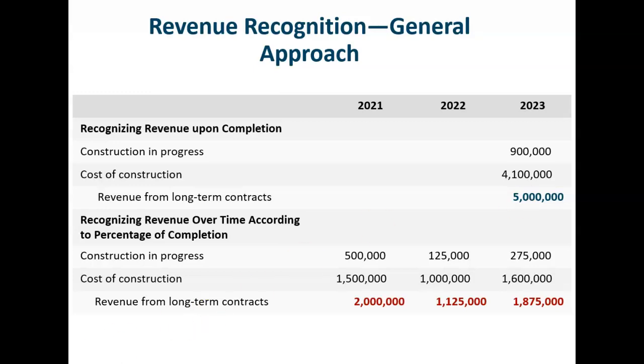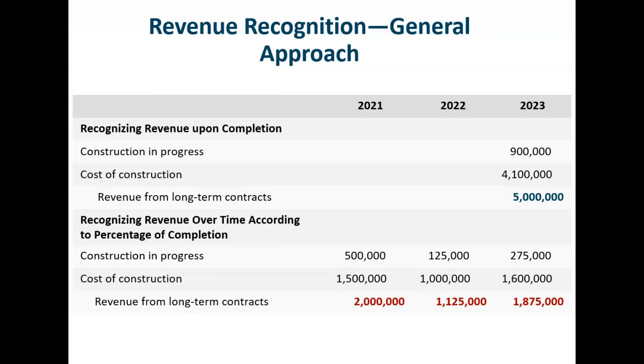Second, notice that regardless of the timing of revenue recognition, we always add gross profit, and gross profit is the difference between revenue and costs, to the CIP account, the Asset Construction in Progress account. That seems odd. Why add profit to what is essentially an inventory account?